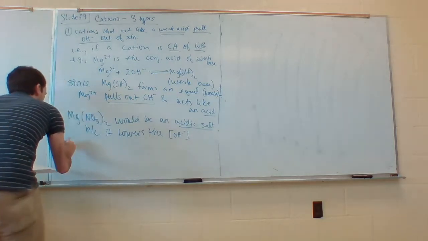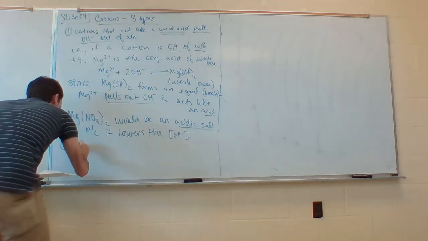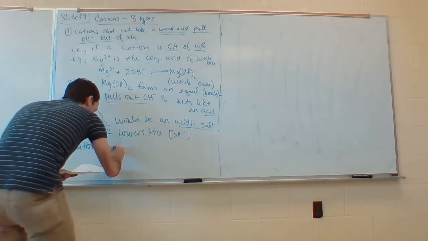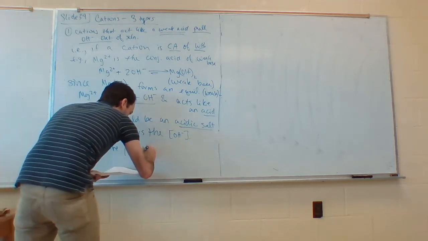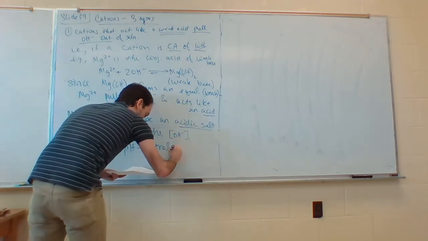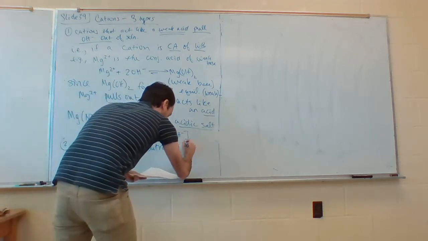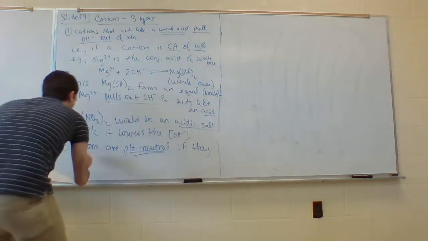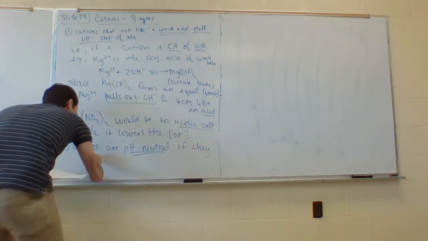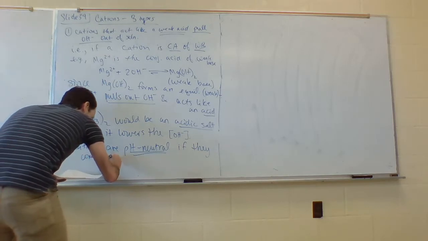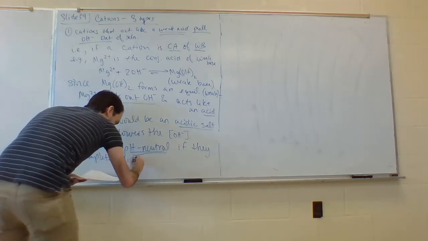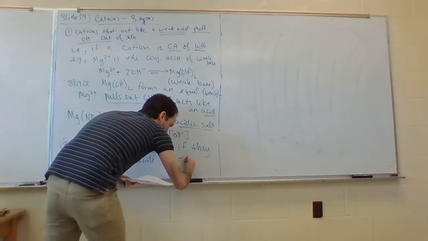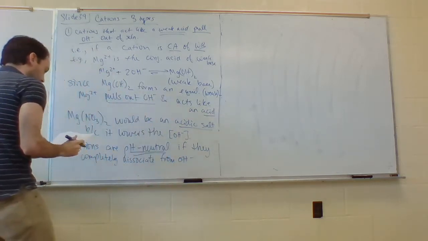Our second type of cation are going to be cations that are pH neutral. They're going to be pH neutral if they completely dissociate from our OH minus.